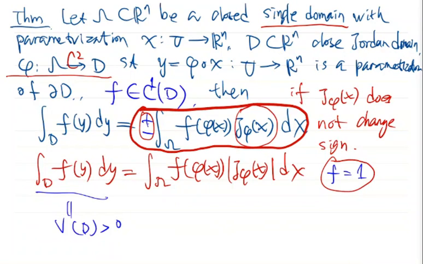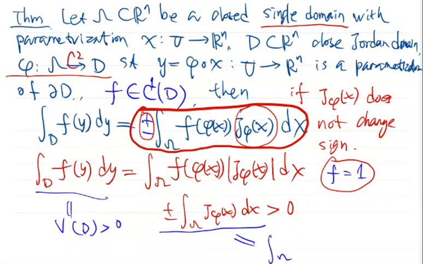Because f is 1, therefore f of phi of x is also 1. This should be positive. But since the Jacobian determinant does not change sign, this implies that this is exactly the absolute value. Okay, so the positive or negative sign can be absorbed into the integrand of the right hand side integral, with the absolute value.